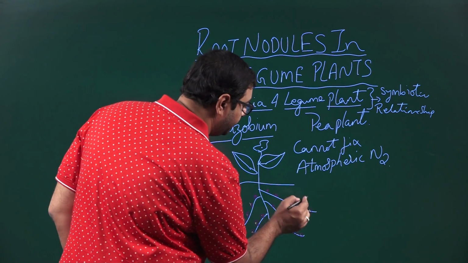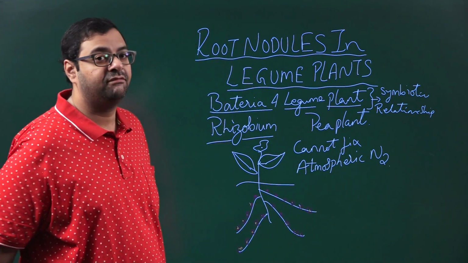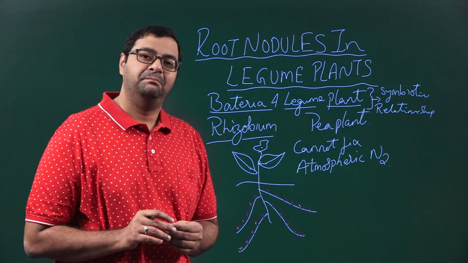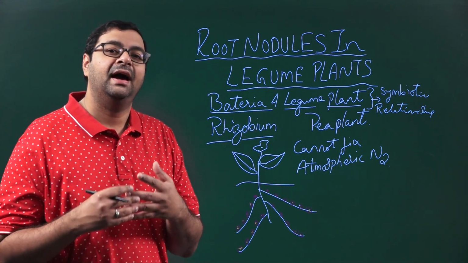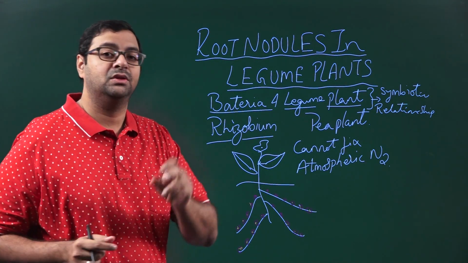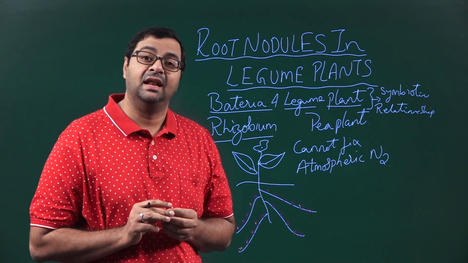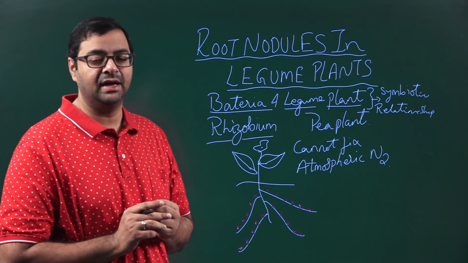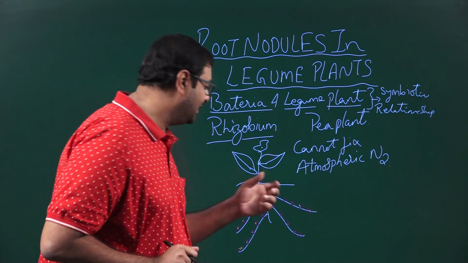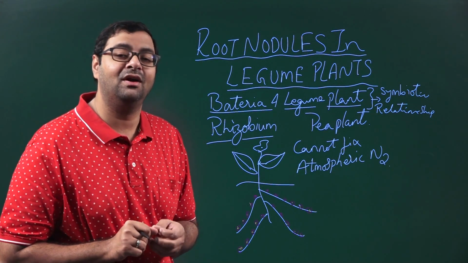Now I told you before that legume plants cannot fix atmospheric nitrogen. Rhizobium bacteria has a tendency of fixing atmospheric nitrogen. So that is where the advantage lies for the plant. It will invite the bacteria to enter into the root nodule for shelter.